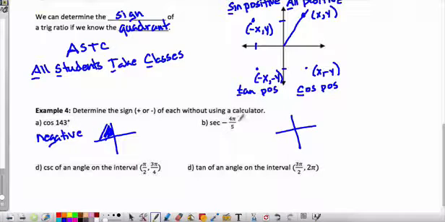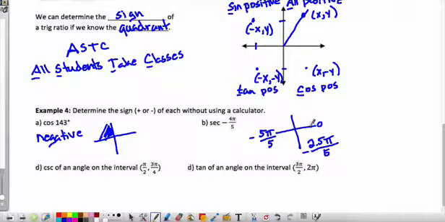Okay, how about this one? Again, you can change this to degrees or do fractional parts here. So 5 pi over 5, right? And we're going negative, so we're starting here. This is negative 5 pi over 5. So if I were to back up here, I have 2.5 pi over 5, which seems like a weird number, but it doesn't really matter because all we care about is what quadrant it's in.